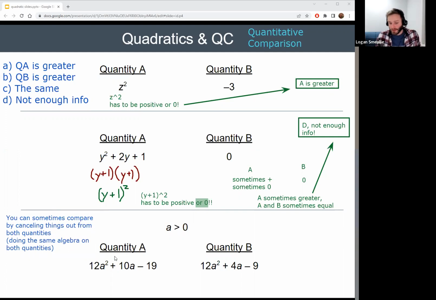Some caveats on this in a minute, but I'll just show you how this plays out in this particular question. 12a squared, 12a squared, well, that's the same. So I can just say, get out of here. Or effectively, subtract 12a squared from both sides. I'm just going to draw it here by canceling them out like this, but we're basically subtracting.